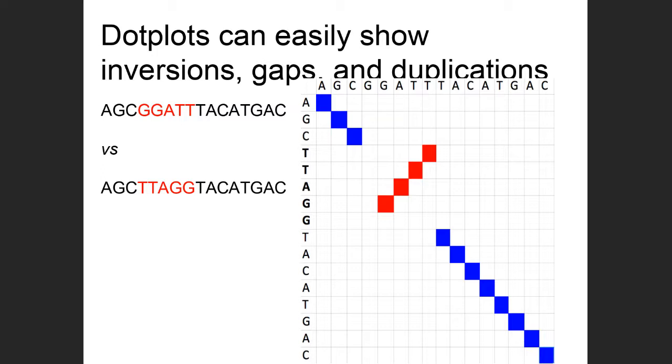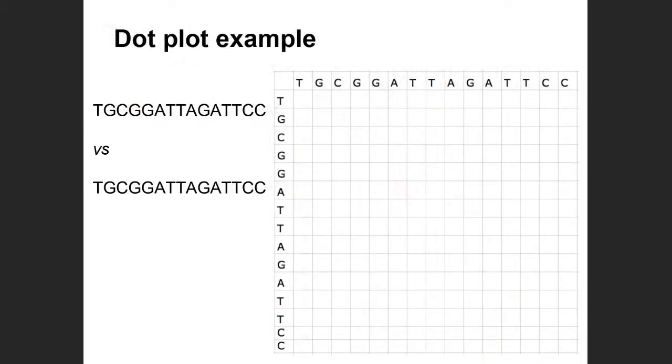So so far you've learned about two patterns. The one that is just a diagonal, which shows you similarity. The diagonal that is interrupted by a line that is orthogonal to your main line, that's an inversion. And then there is going to be another pattern that you will see, but I think that's when I'll do the exercise.